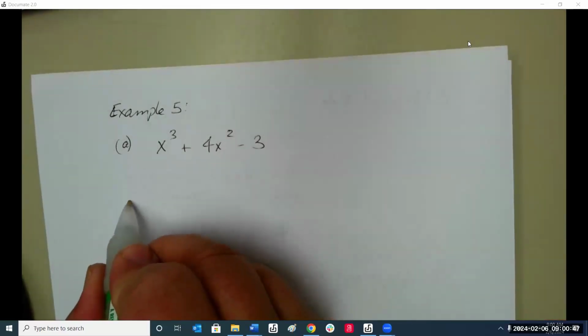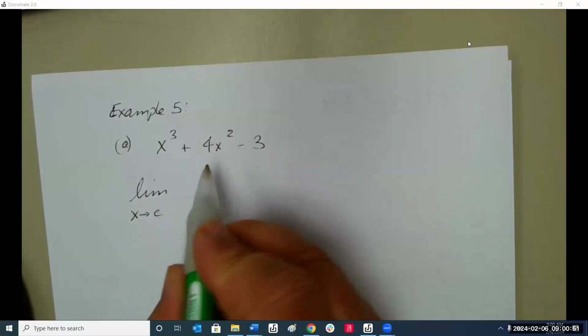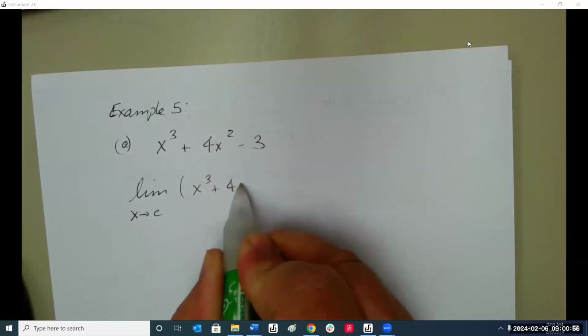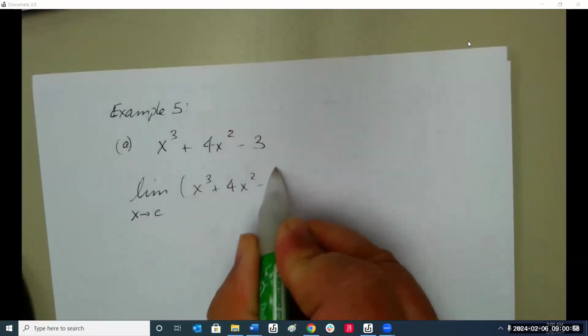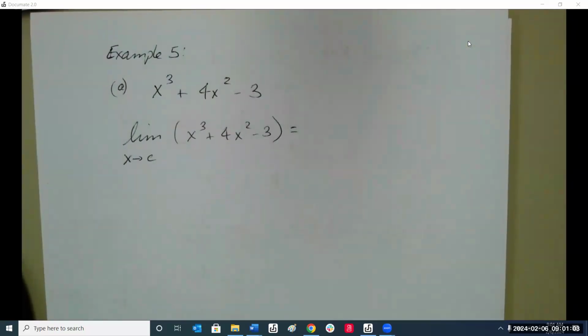That's what it should read. So what this one's asking us to do, find the limit as x approaches c of x cubed plus 4x squared minus 3. So which rules am I going to use to solve this one?